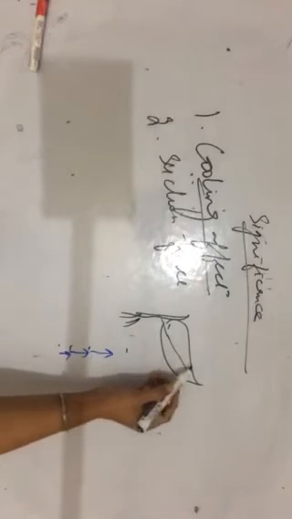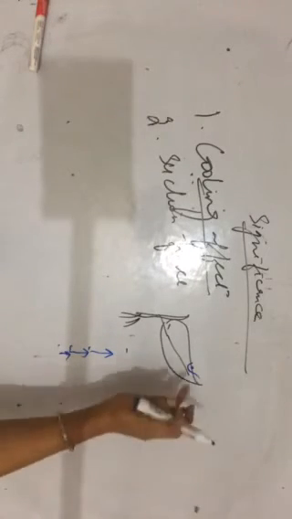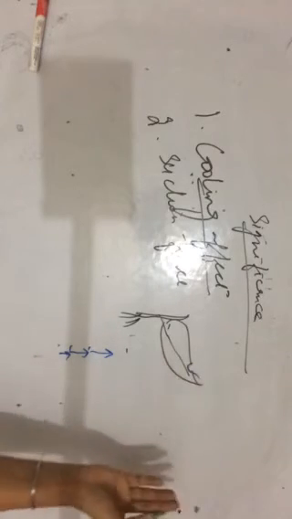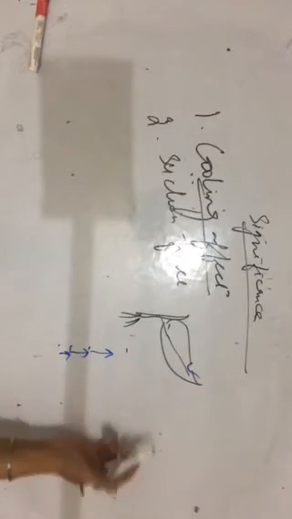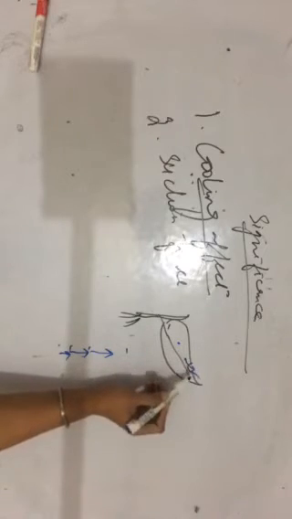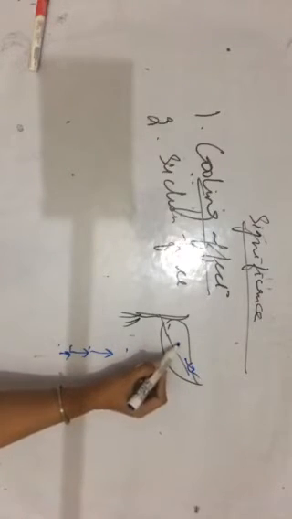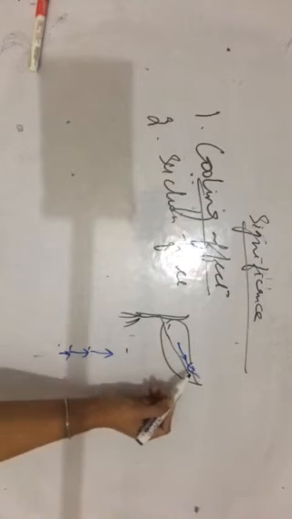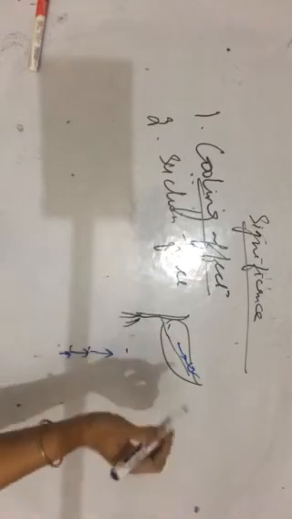Similarly, when one water molecule is escaping the plant, this surface will be empty now, and the water molecule behind it will take its place. Similarly, this water molecule will take its place, and the water molecules keep on moving upside.